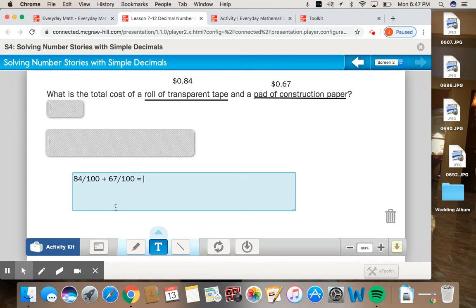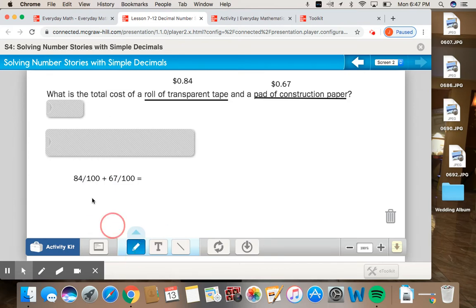I want to figure out what this equals. And remember, when we're adding fractions, same as when we're subtracting fractions, we only add the numerators. We leave our denominators the same. So if I add 84 plus 67, I can go ahead and just add those two numbers over here.